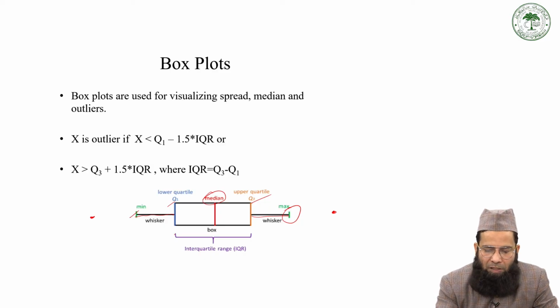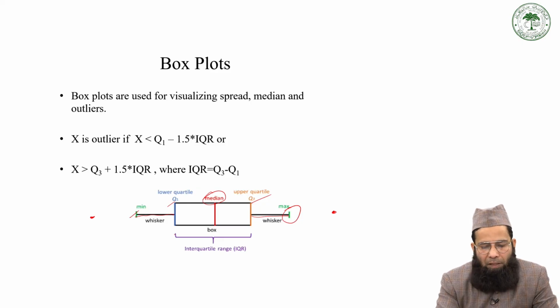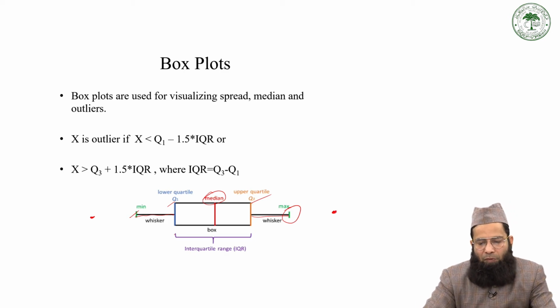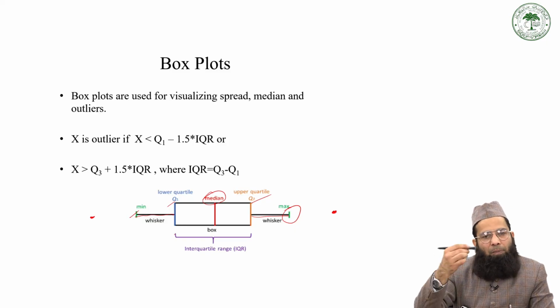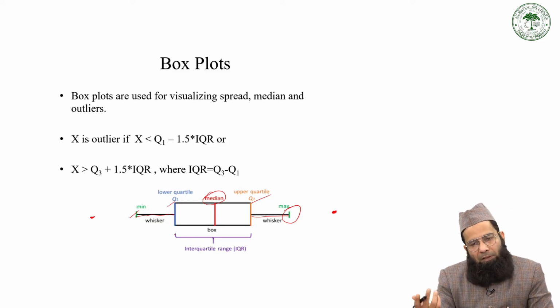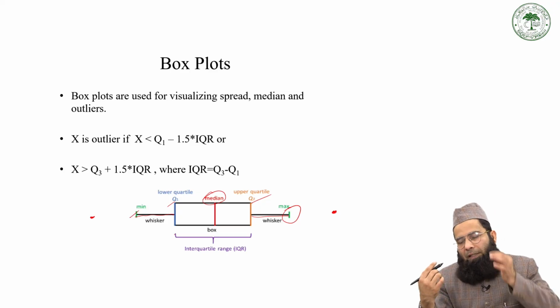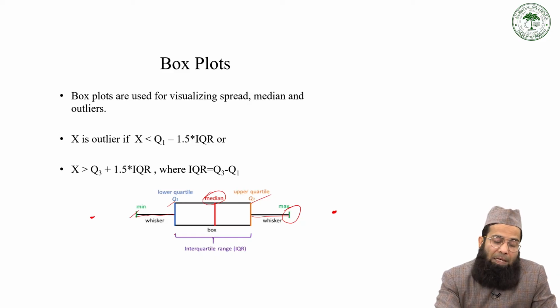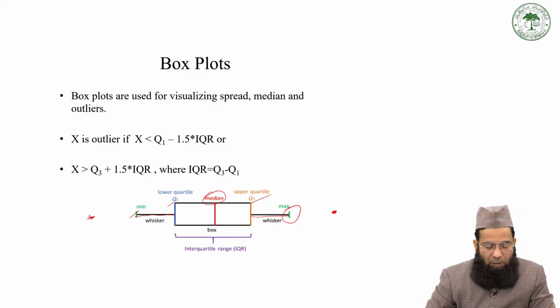Similarly, if any value is greater than Q3 plus 1.5 times IQR, that would be an outlier. In this way, I can calculate the outliers. Once you draw the box plot using any Python function, like matplotlib, you will automatically see if your data has any outliers. You will observe certain data points here and there. These data points are actually outliers.